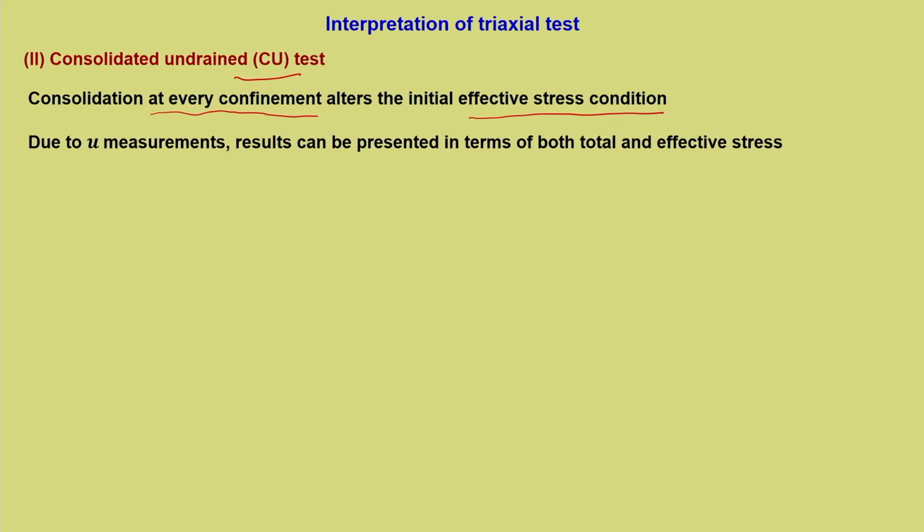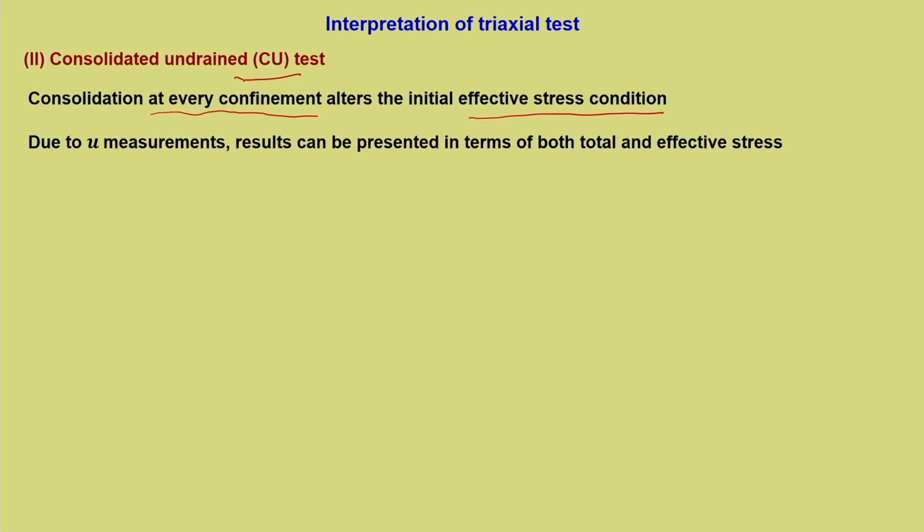Now what is the significance of this statement? When the strength of the soil differs, in terms of the Mohr circle, the diameter will keep changing, which was not the case for the UU test. So that is the significance of what is meant by consolidation at a given cell pressure.